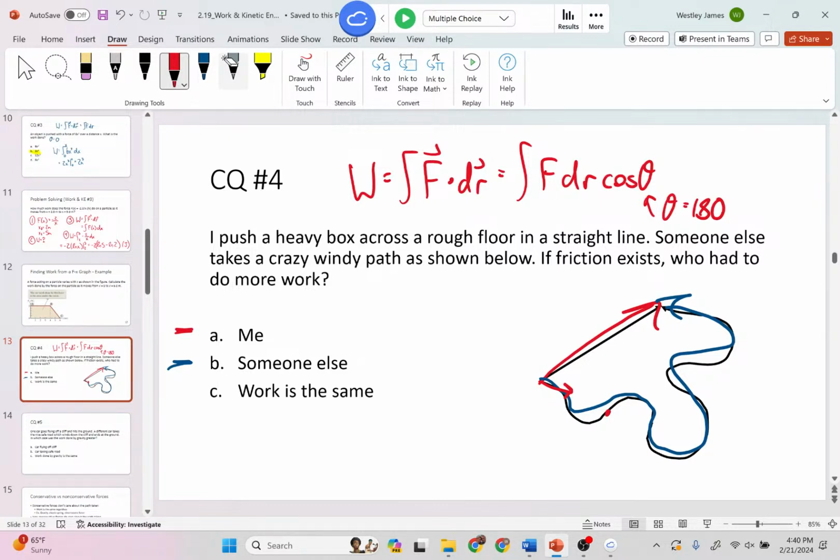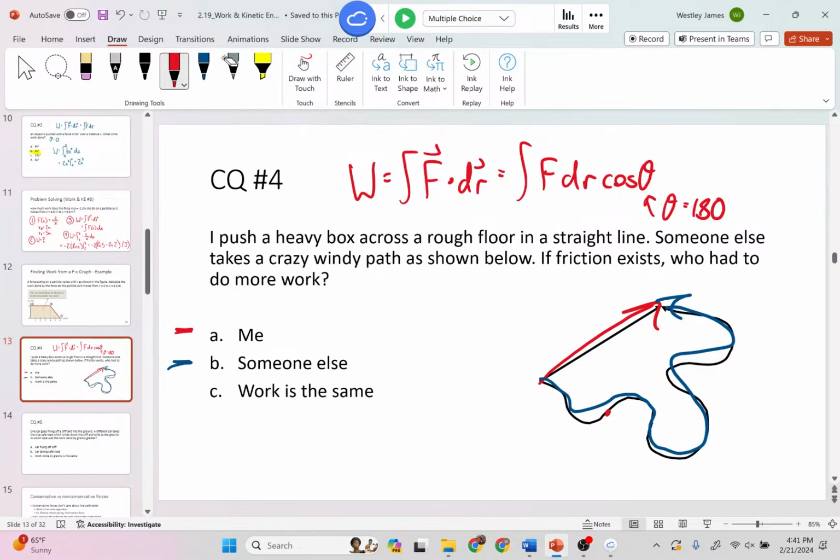Why does that matter? That means the path matters. The longer the path you take, every extra step that you're pushing that thing, friction is doing more work. The path matters because no matter what you're doing, there is a friction work.